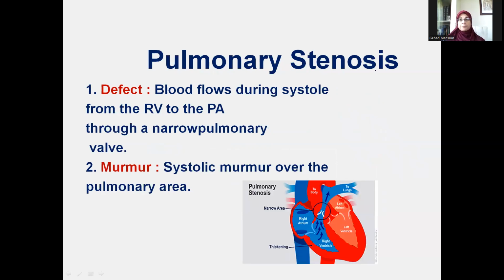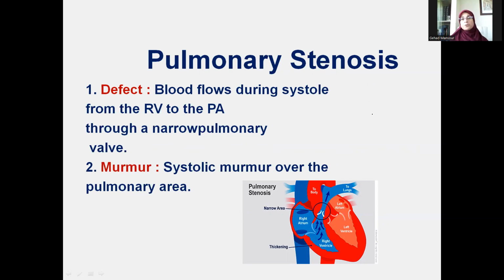Pulmonary stenosis and pulmonary incompetence will be exactly similar to aortic stenosis and aortic incompetence concerning the timing of the murmur, but the main difference will be in the location or the auscultatory area where you will best hear the murmur.